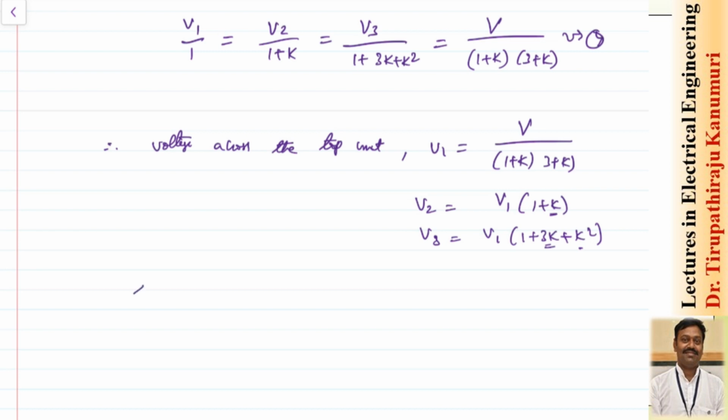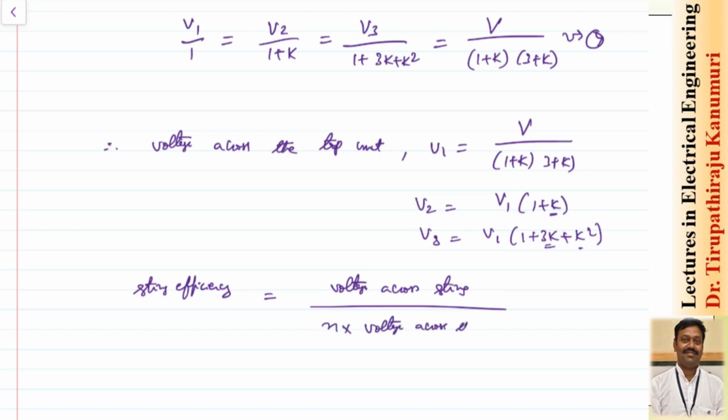So from this, I can tell my string efficiency is equal to the voltage across the string divided by n times the voltage across the string nearest to the conductor, multiplied by 100.